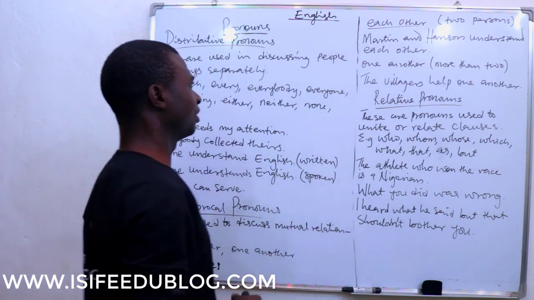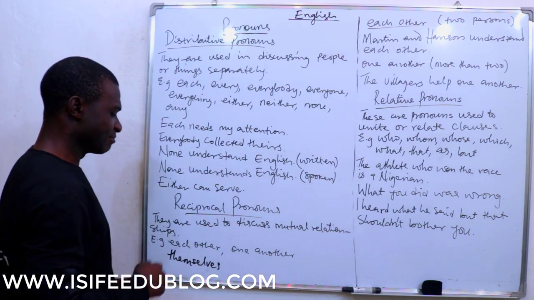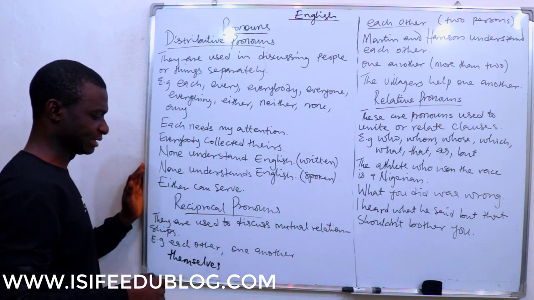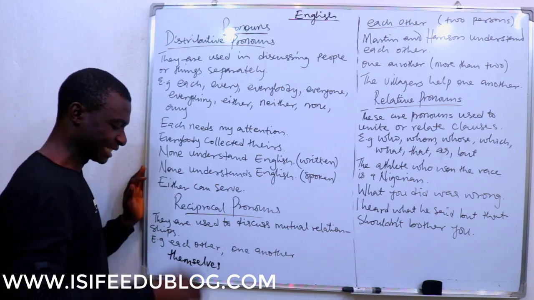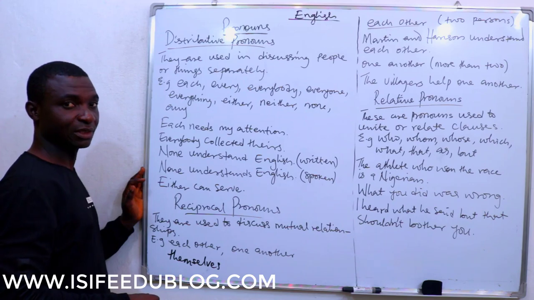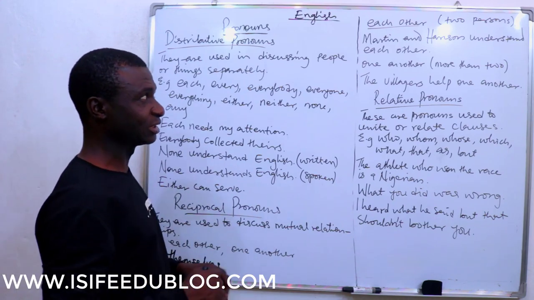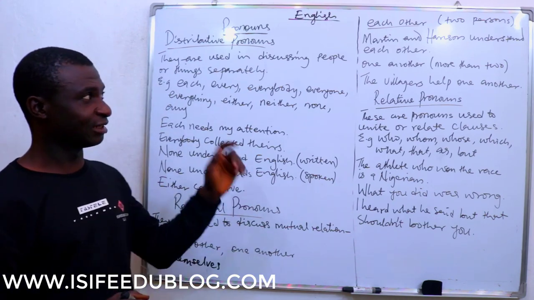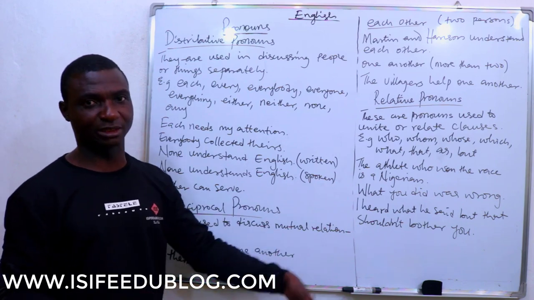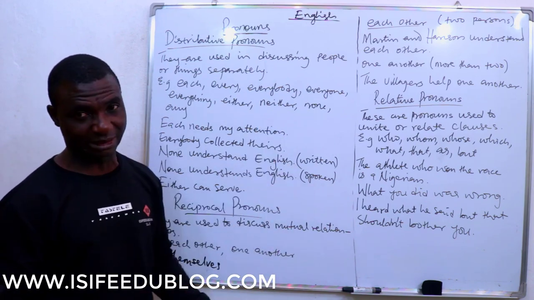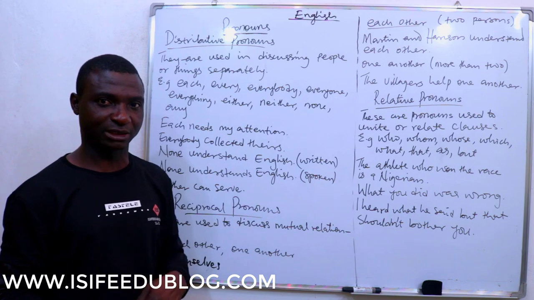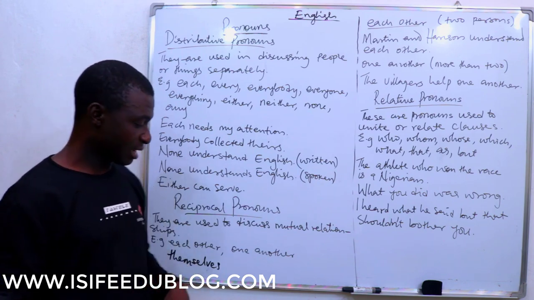But if I say Martin and Harrison love themselves, I am not actually saying that Martin loves Harrison and Harrison loves Martin. I'm saying that Martin loves Martin and Harrison loves Harrison. Right?